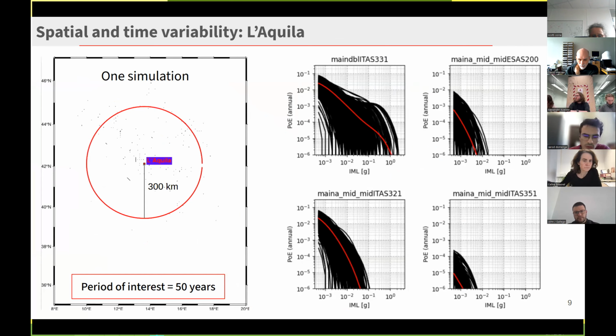No, we took the same orientation as ESHM 20, exactly. So you have different orientations, and we took different possibilities on these orientations. But there are different accelerations for all the various geometries, is that right? Yeah, I think so. Oh, okay.